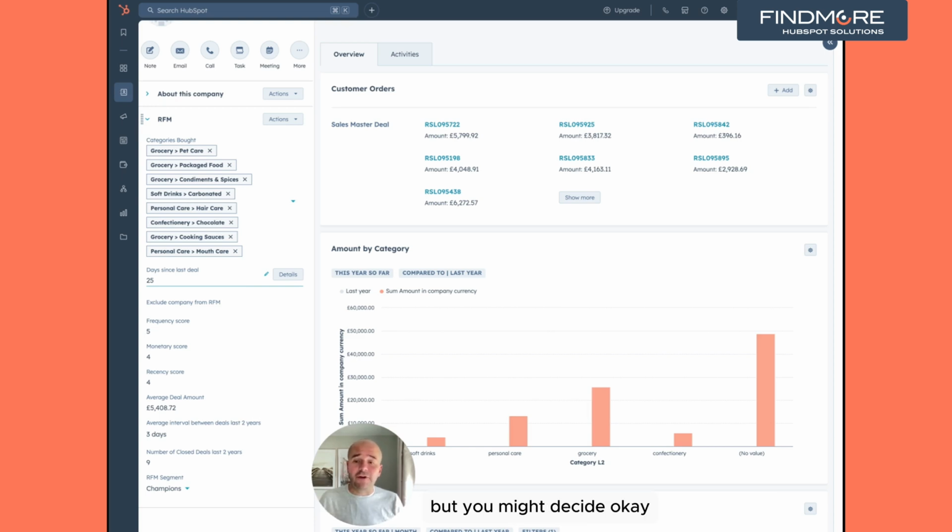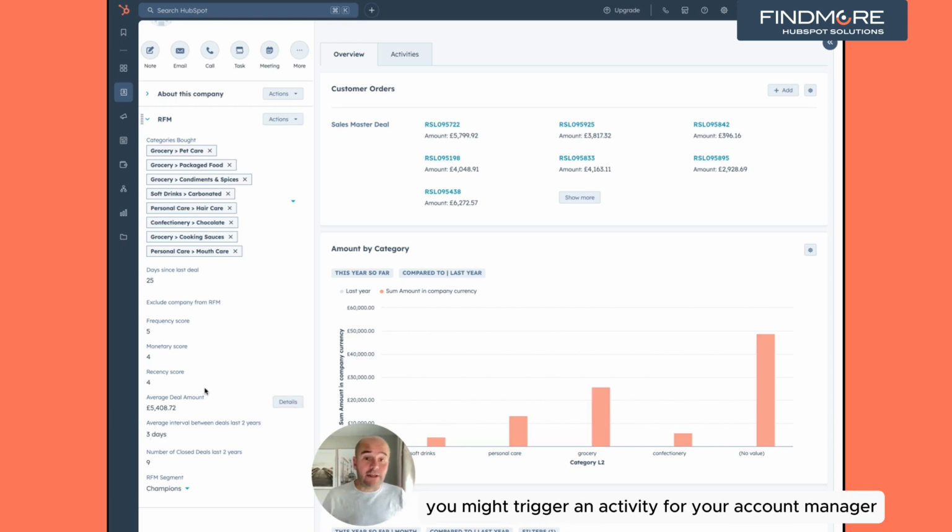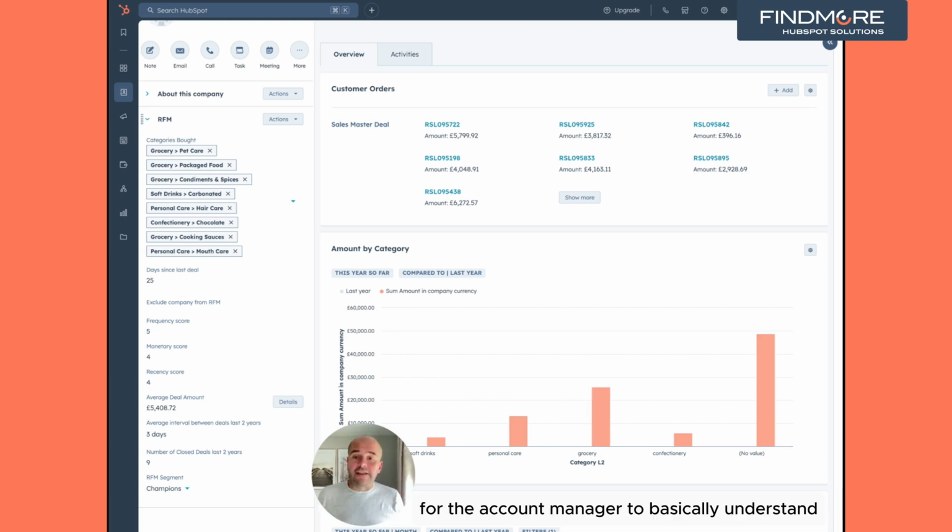But you might decide, okay, for the customers that belong to the top segments of RFM, or that have a monetary value of 5, whenever the number of days since the last deal is bigger than the average interval, you might trigger an activity for your account manager to understand and reach out to the customer to see what's going on, because there might be an issue. This is one of the examples we mentioned before that is related to the reduction of churn.